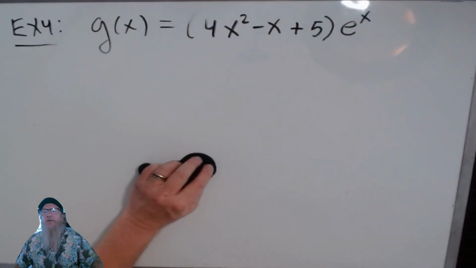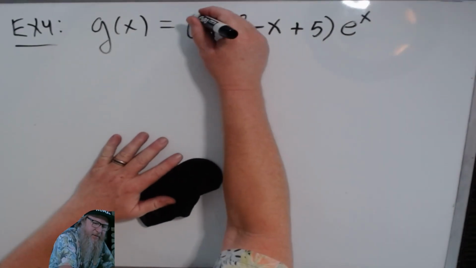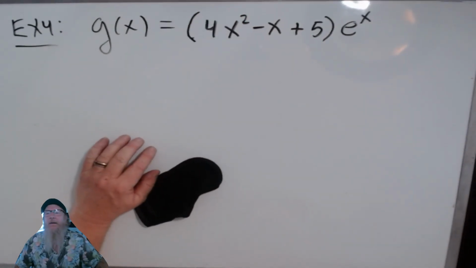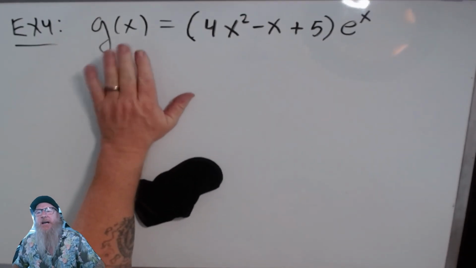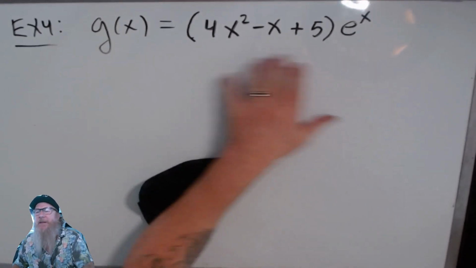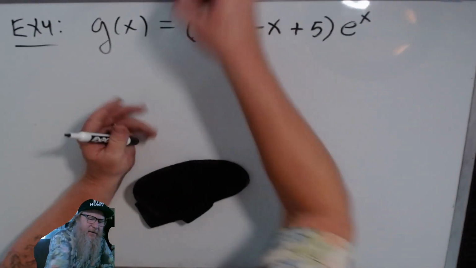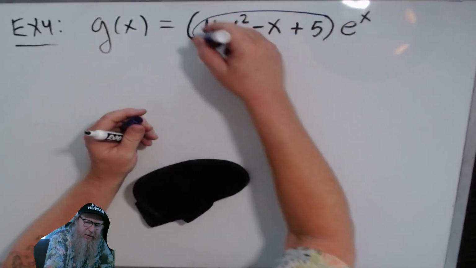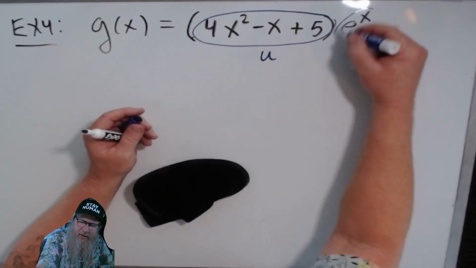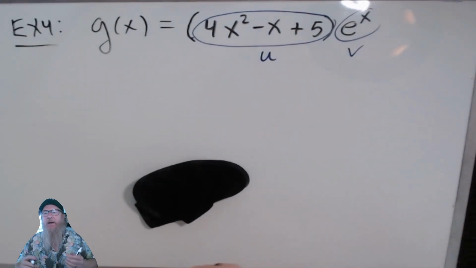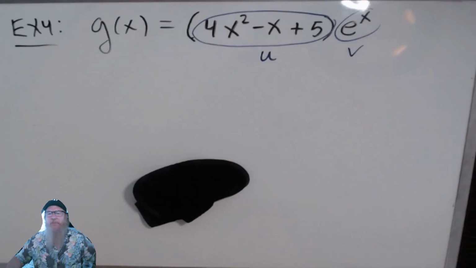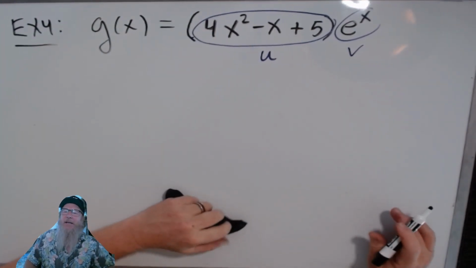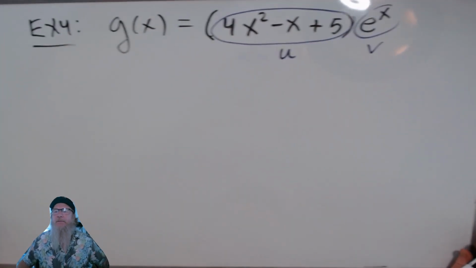So there's our function called g of x. Same argument, right? If this is called g, then you don't want to call one of these guys g. So just call them something else. Call this u and v or something, or a and b or p and q or whatever you want to call them. Doesn't matter.